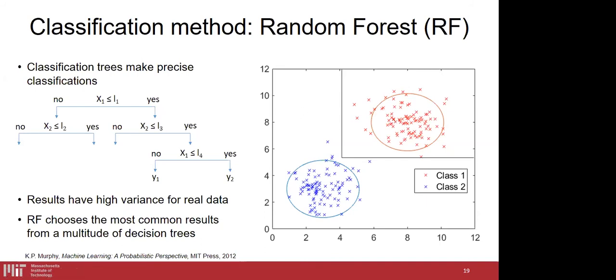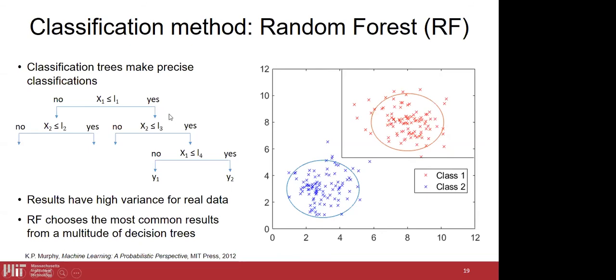If it is greater than 4, I'm on the right-hand side, and I do not know whether they all belong to class 1 or class 2, because some class 2 data points are on the right-hand side of this line. So I look into other variables. I can look at the x2 variable: if it's greater than 5, I'm in class 1, and if it's less than 5, I'm in class 2.